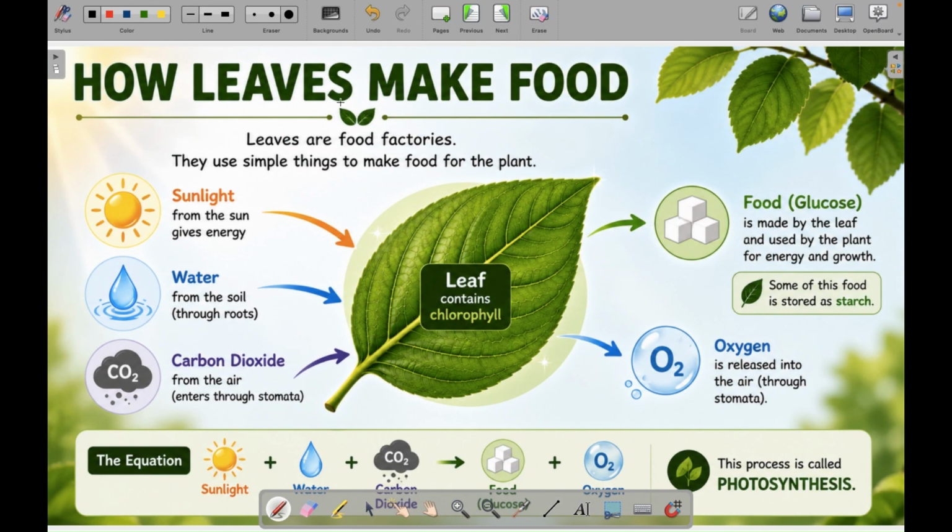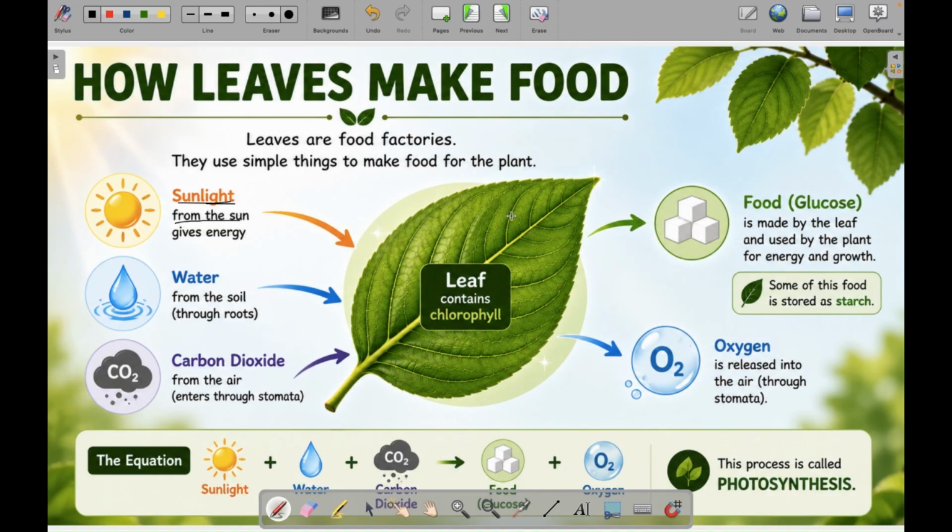So how do leaves within a plant prepare food? We know that leaves are known as food factories. So they use a few simple things in order to prepare food for the plant. What are those things that the plant needs? The first thing is sunlight. Sunlight is a source of energy for the plant, and it comes from the sun and is responsible for providing energy. Who absorbs the sunlight in the leaf?